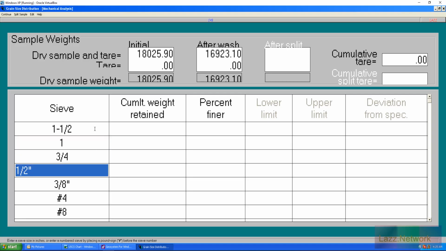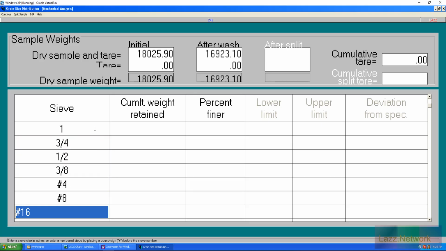So 1 3/4, ½ inch, 3/8, number 4, 8, 10, 16, 30, 40, number 50, number 100, and then number 200.